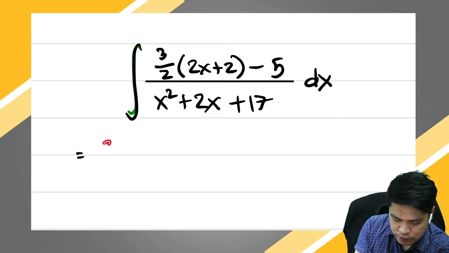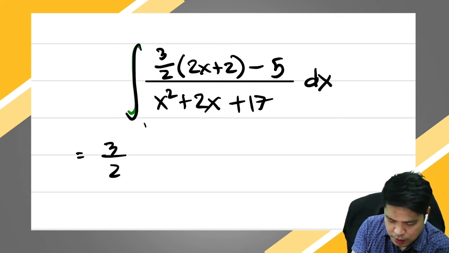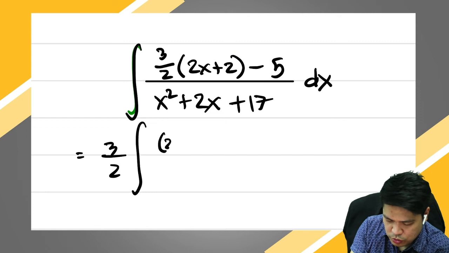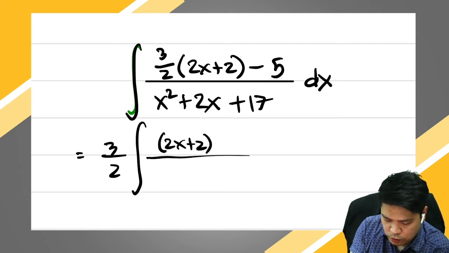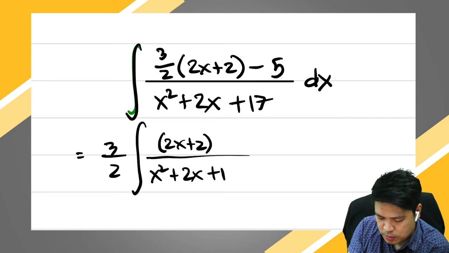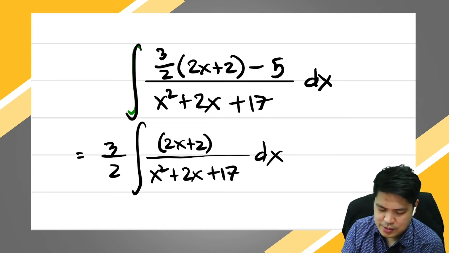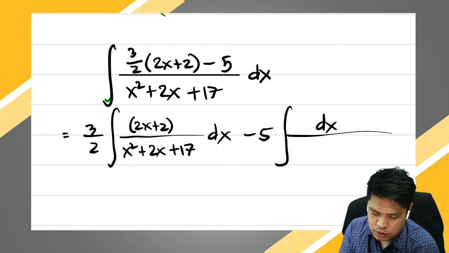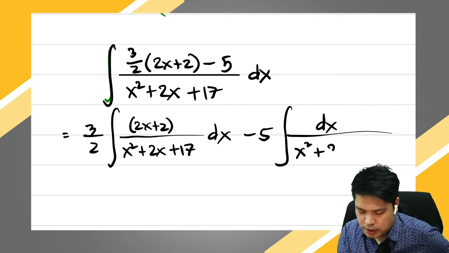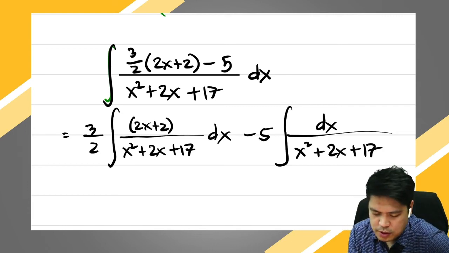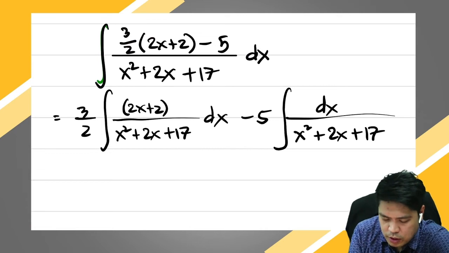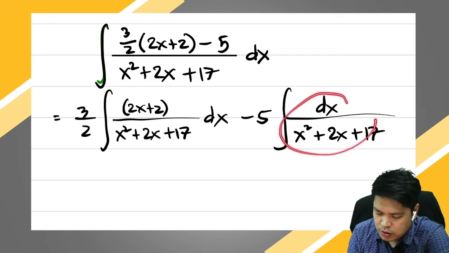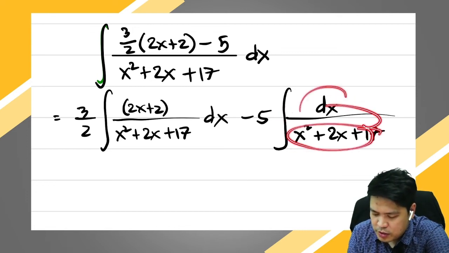So, therefore, I'll have 3 halves times the integral of, so I'll start with this, 2x plus 2 over x squared plus 2x plus 17 dx, then minus 5 integral of dx over x squared plus 2x plus 17. So this is now clearly du over u. And this is now arctangent because second degree, 0 degree.